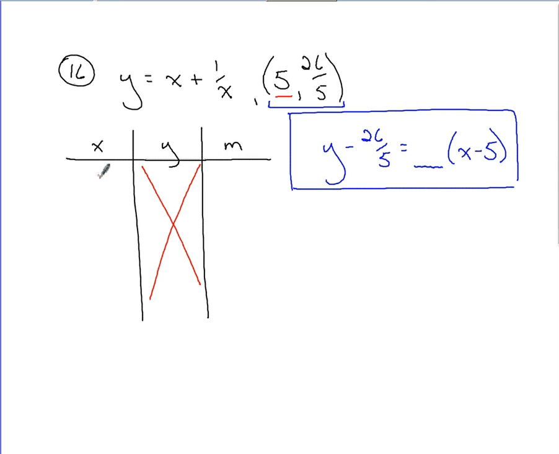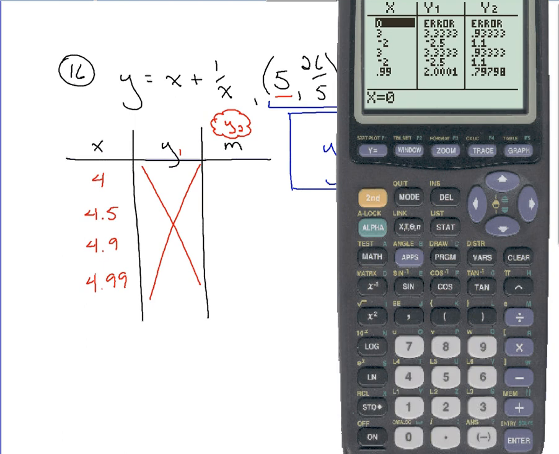I could start at 4, go to 4.5, go to 4.9, 4.99, and so on. Punch those in. I've got my y sub 1 column here. I got my y sub 2 column here, which represents my slope. I want to see what these numbers are trending towards. So 4 goes in, 4.5, and so on.